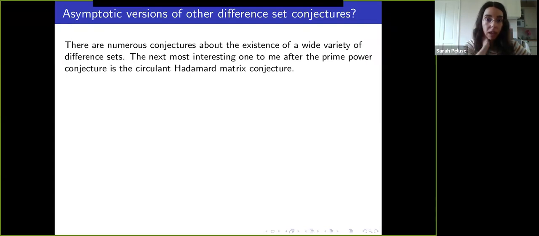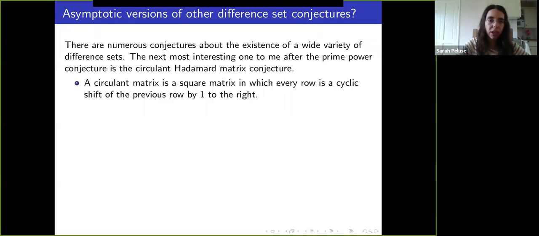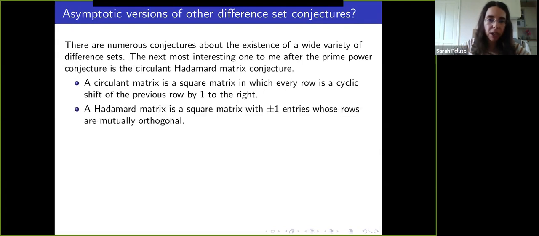But I think the next most interesting one to me is what's called the circulant Hadamard matrix conjecture. So I'll tell you what a circulant Hadamard matrix is. A circulant matrix is a square matrix in which every row is just a cyclic shift of the previous row. And a Hadamard matrix is a square matrix with plus or minus 1 entries whose rows are mutually orthogonal.